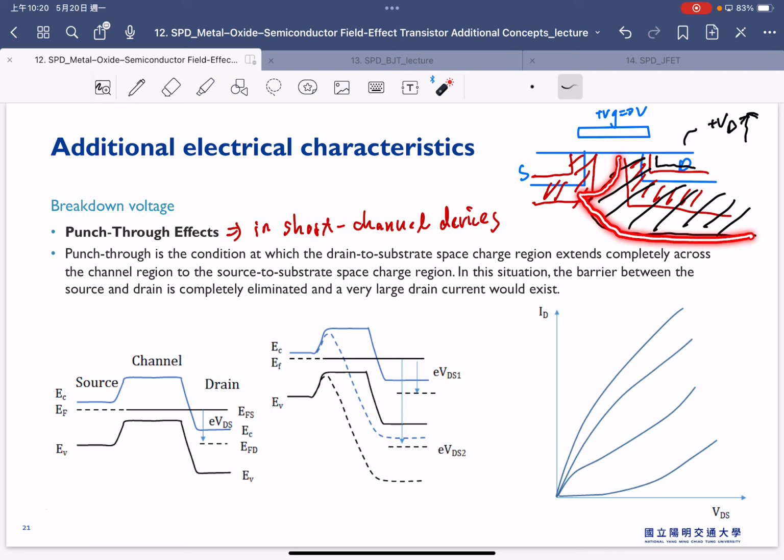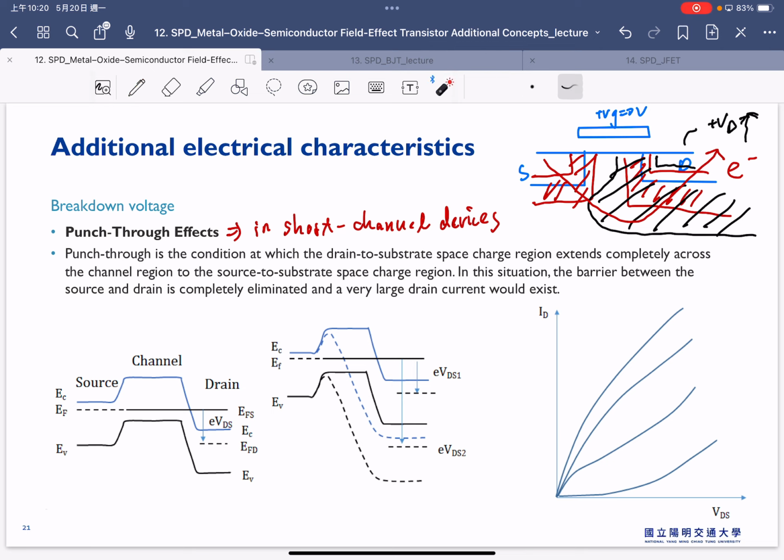So this is what we call a punch through. In this case, the electrons can start to flow from the source to the drain side without going through the channel. That's why we consider this a punch through, due to the extension of the depletion region.